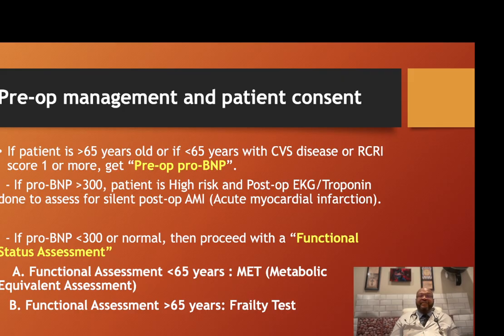For instance, if a patient can climb 2 flights of stairs, that's 4 METs, because 1 MET is your oxygen consumption at rest. So 4 METs is if you can climb 2 flights of stairs or walk a block. If you're up to 4 METs, then they proceed with surgery.